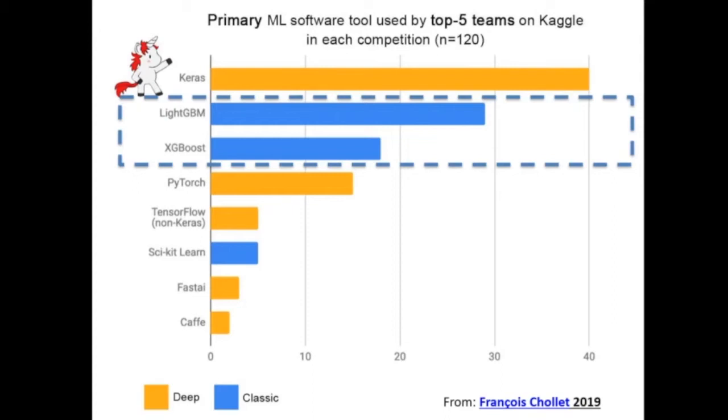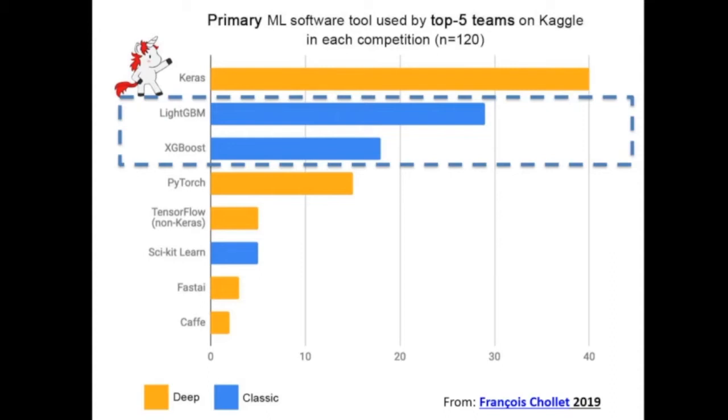In each competition, it's Keras first, then LightGBM, then XGBoost. Both the second and third are tree-based packages, very powerful tree-based platforms using distributed ideas, backed by a multi-threaded structure. And then later there's PyTorch, TensorFlow, Scikit-learn, and some others.